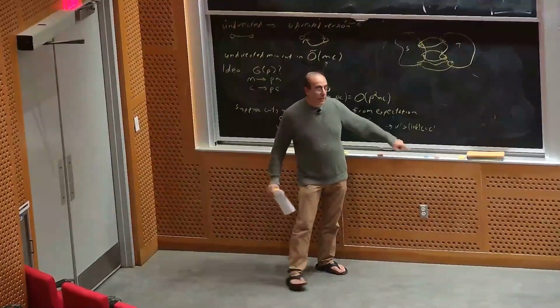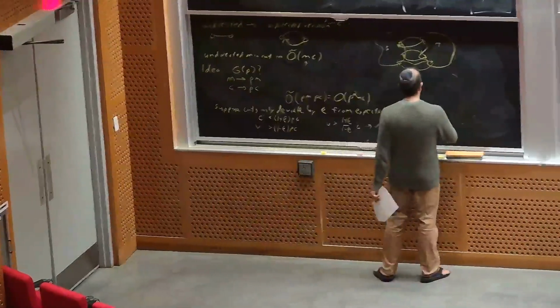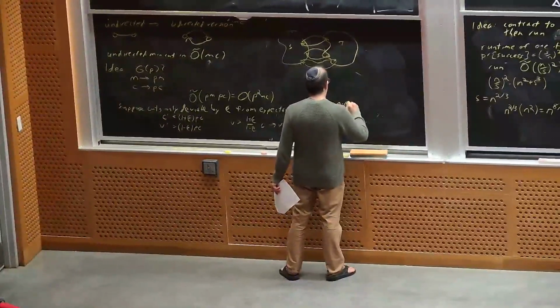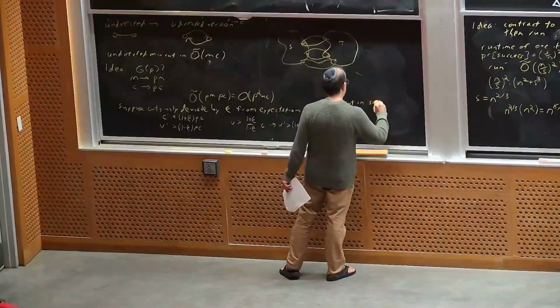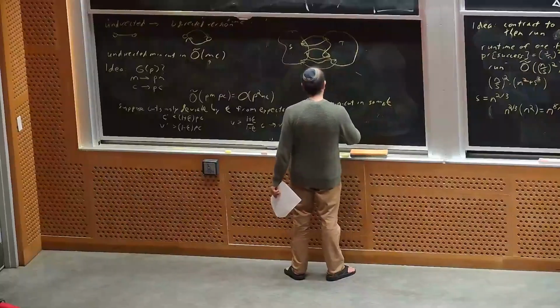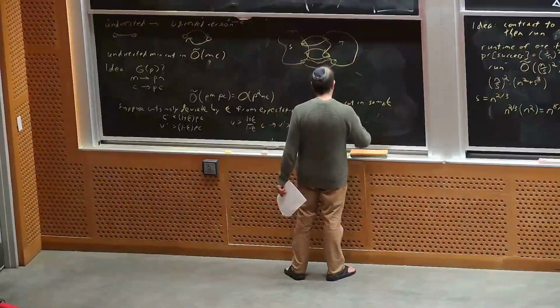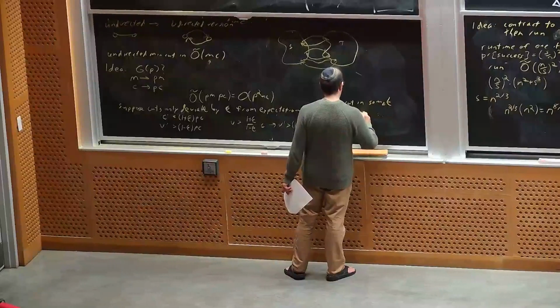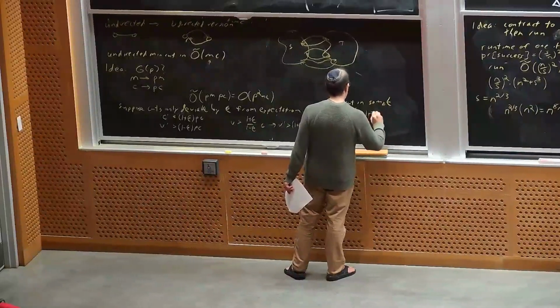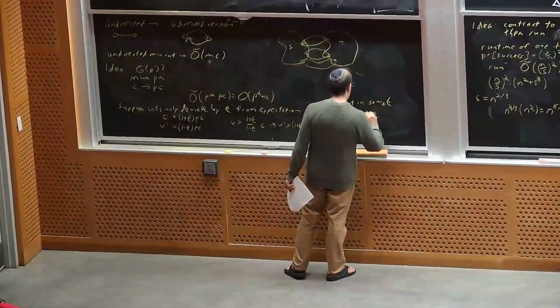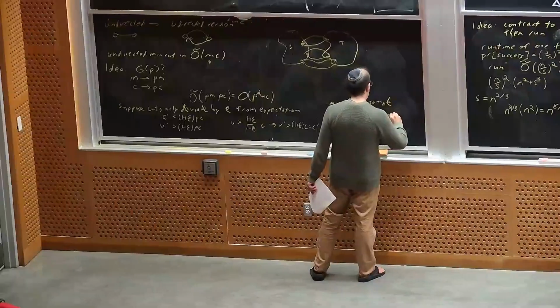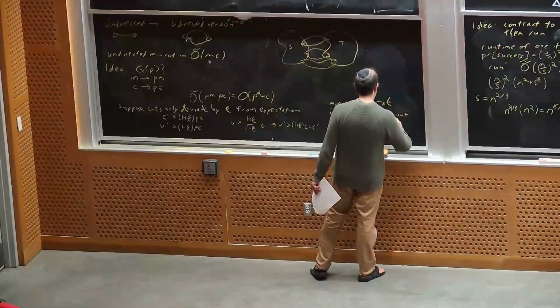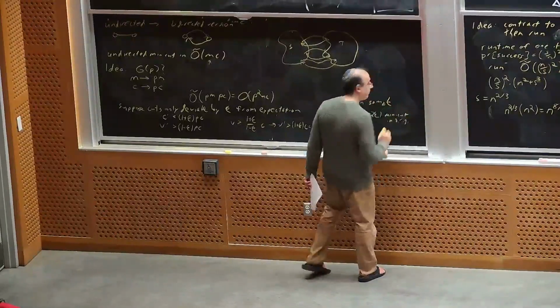Yes? So the min cut in the sample is less than 1 plus epsilon over 1 minus epsilon, which is about 1 plus 2 epsilon, times the minimum cut in the original.